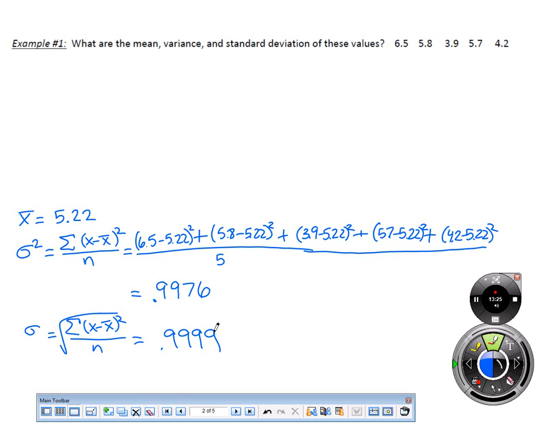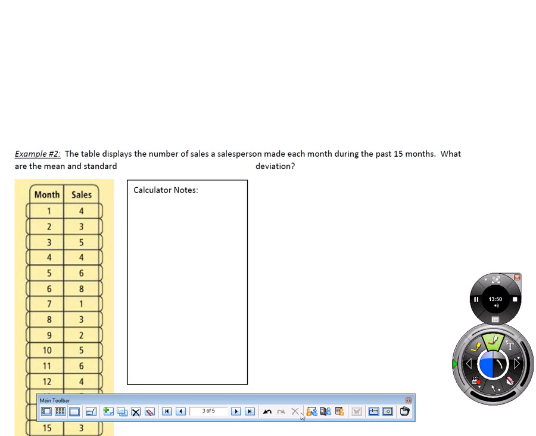You could see which one was more spread out than the other, and then make an informed decision on which one was better for you, based on the mean, median, and mode, those center things, and then how spread out the data was. So that's like the average of how far away each of them are? Yeah. And so that's how it measures spread of the data. So the calculator can do this for us.